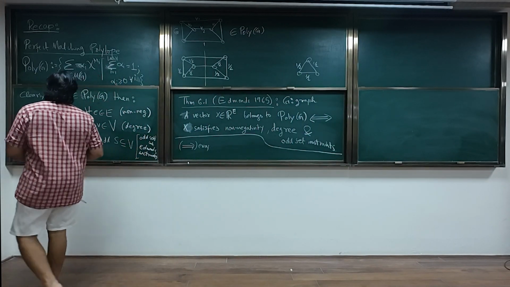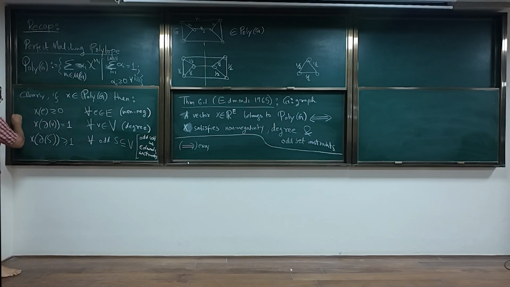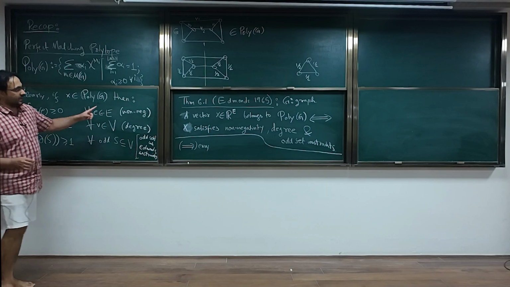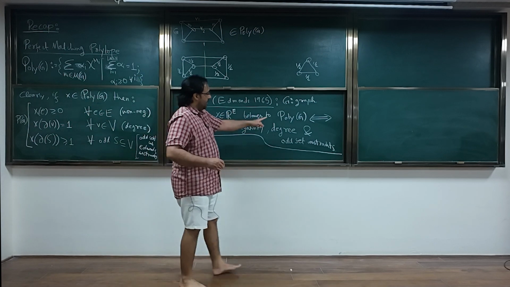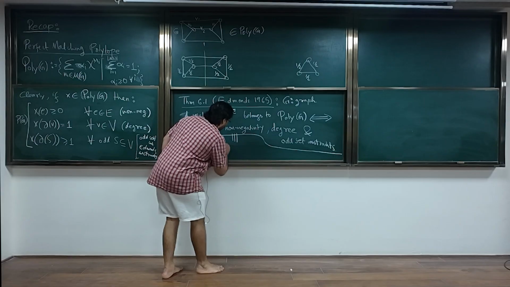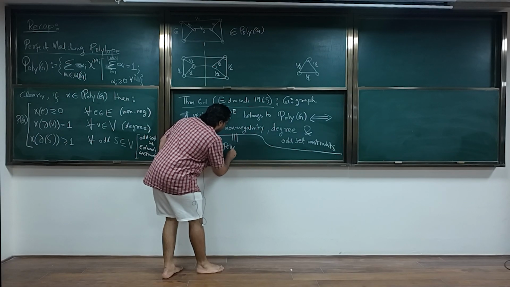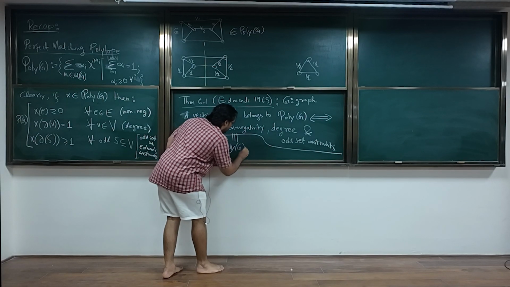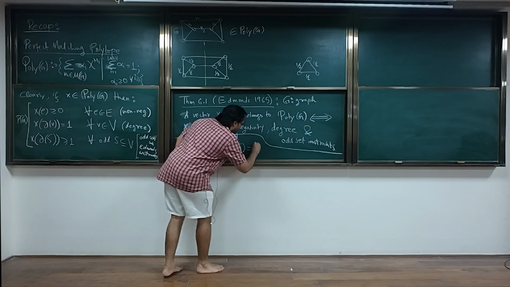We'll just call it P of G. P of G is the set of all those vectors that satisfy these constraints. And what Edmonds' theorem says is that the perfect matching polytope is equal to P of G.